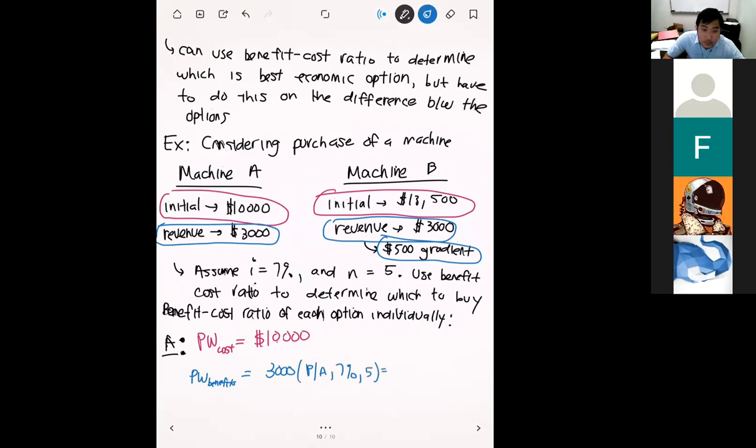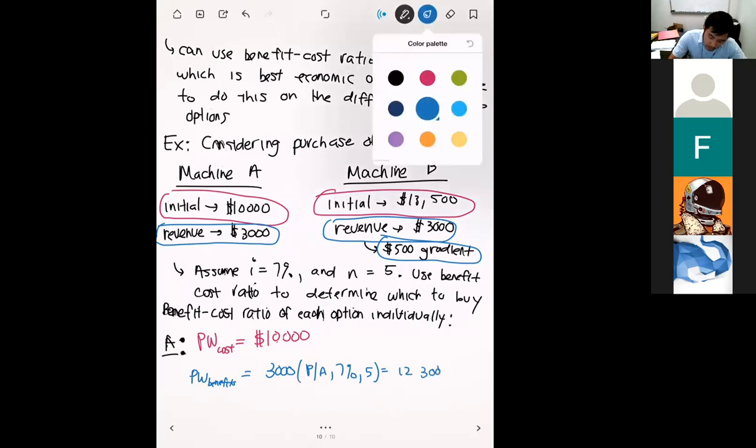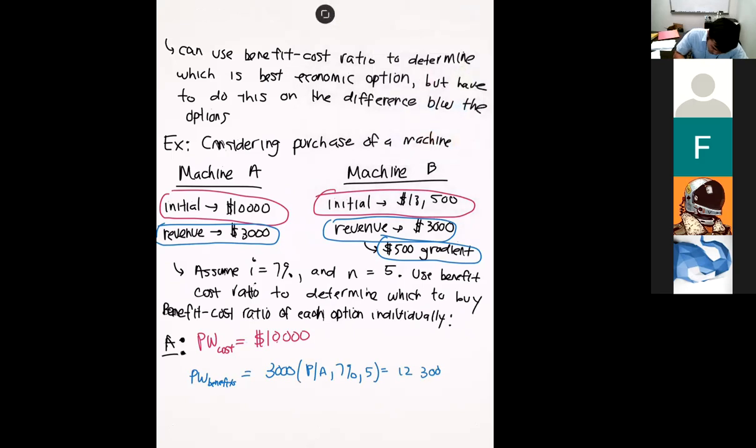We plug in those numbers and get 12,300.